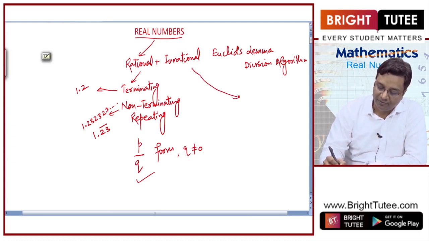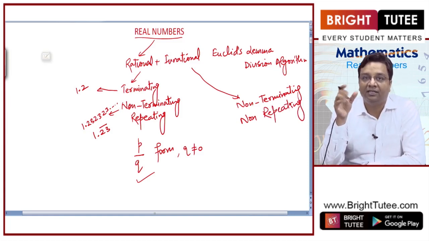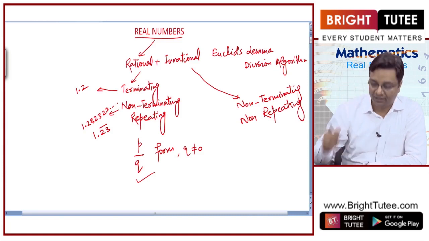Irrational numbers are such numbers which do not terminate, non-terminating and non-repeating. As the name suggests, irrational, they do not follow any pattern, right?